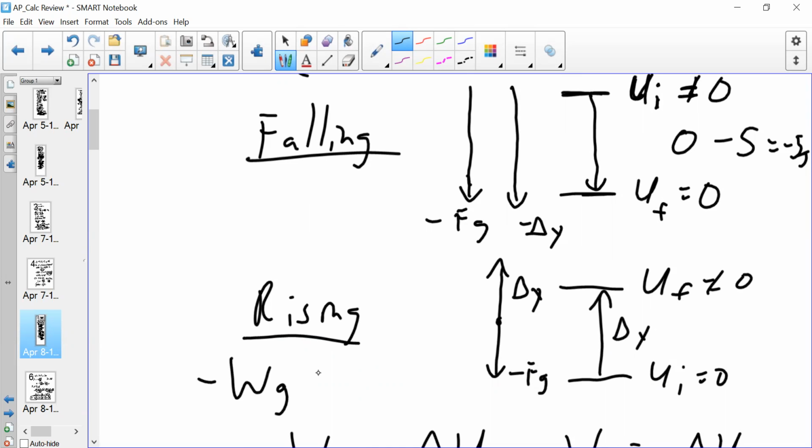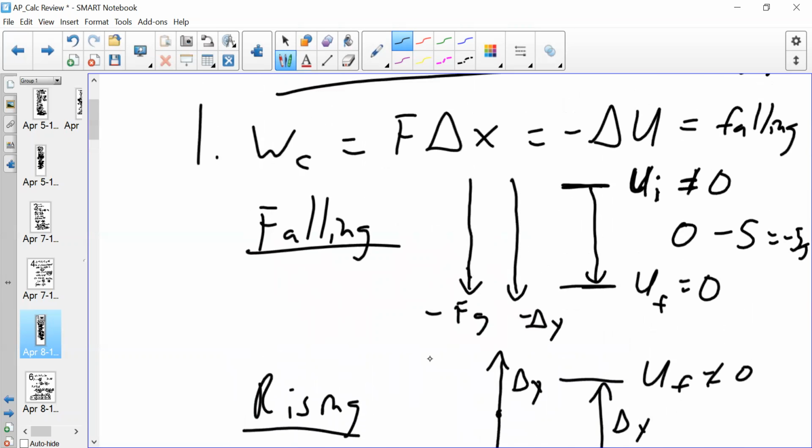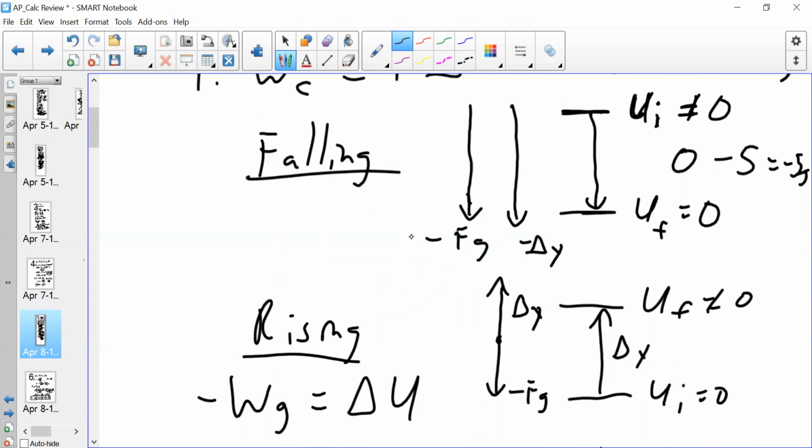So the work done by gravity would be negative, and that's going to be equal to the positive change in potential energy. So that goes back to a first principle where we understand that the work done by gravity is the negative change of potential energy. It's still the same way here, it's just the opposite sign.